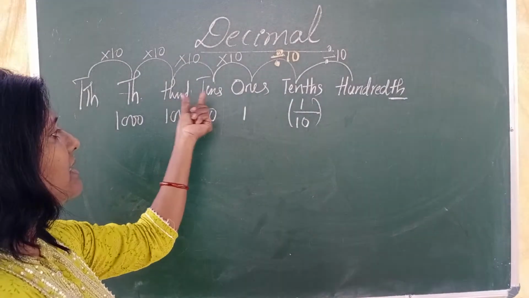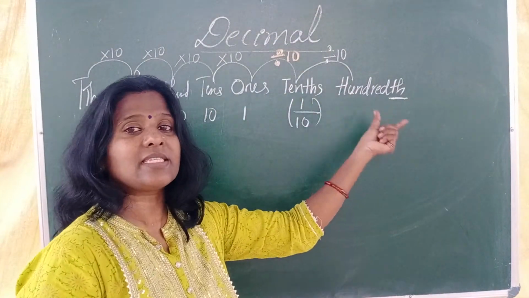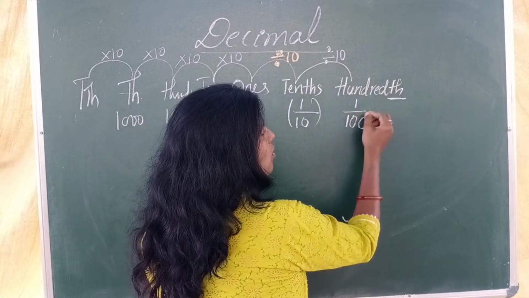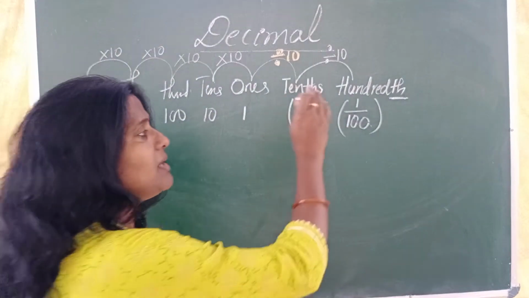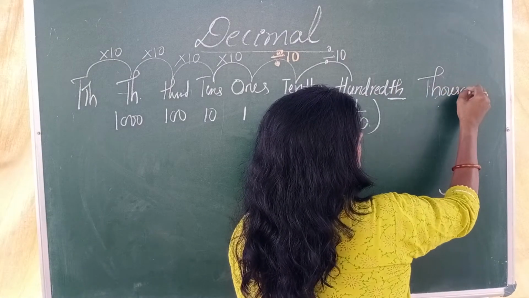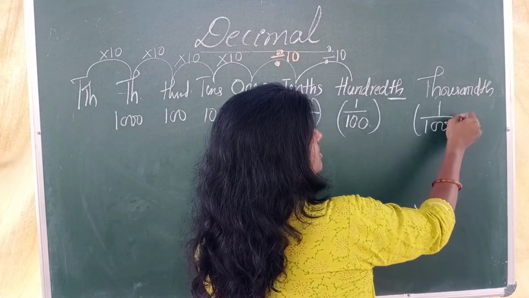Here it is 100, here it is hundredth. Here it is tens, here it is tenths place. So now it is represented as 1 by 100. Similarly it continues. Thousandth place, it is 1 by 1000 times less.